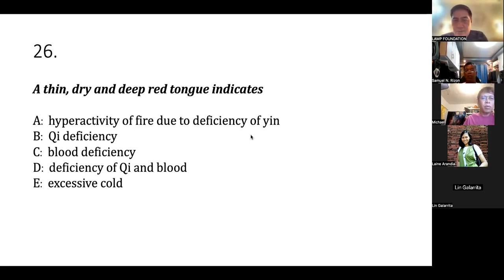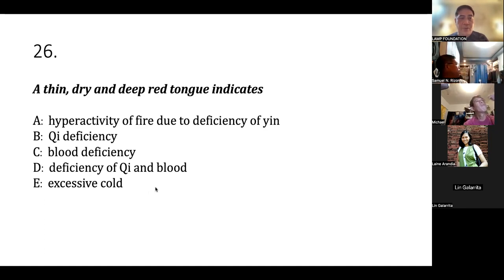Fire. So this time you have a thin tongue because kulang na yung yin, and deep red because it's too chronic already. Matagal na. And dry. Okay, chronic na po talaga ito. Yes, chronic na. I just wanted you to trace what happened, because you might see patients na yung kanyang condition, nandun pa tayo sa deficiency heat, di ba?